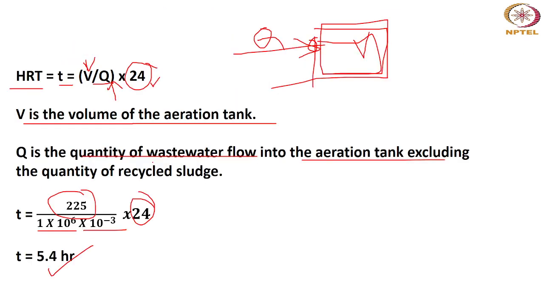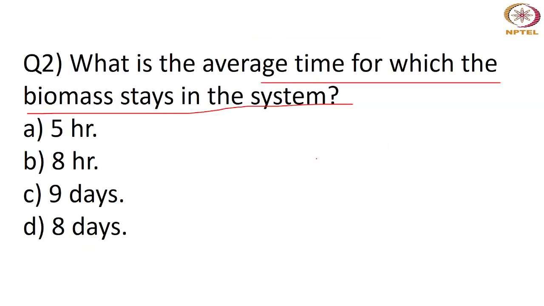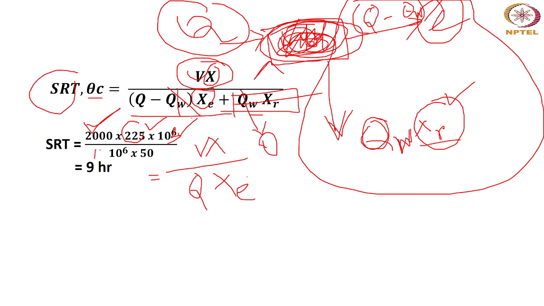It was how much? 1 MLD was coming, right? Yes, 1 MLD was coming, and another thing I had. Yes, this is 1 multiplied by 10 to the power 6 to convert it from MLD to liter per day. That's why I'm multiplying with 10 to the power 6. And then this Xc, how much was it?